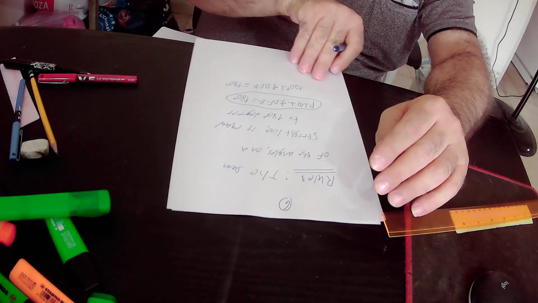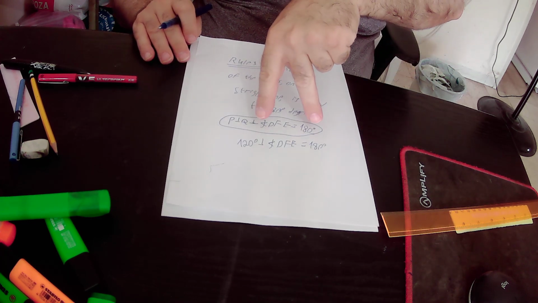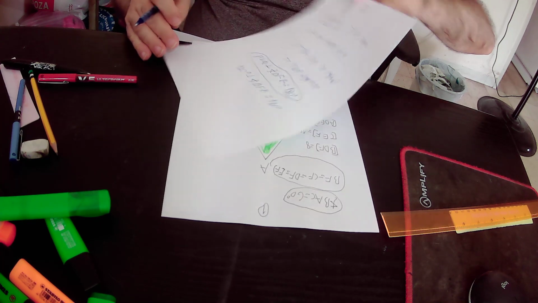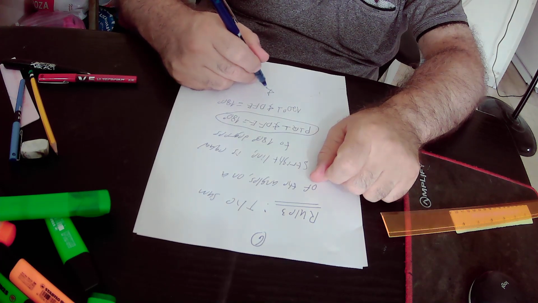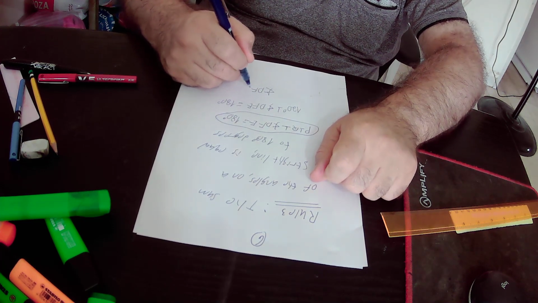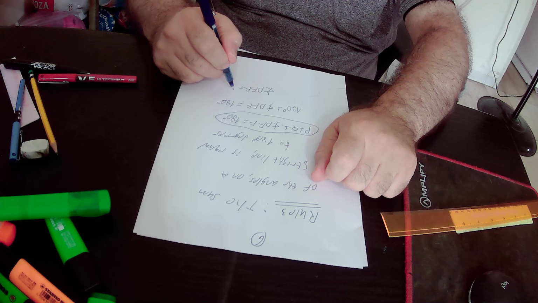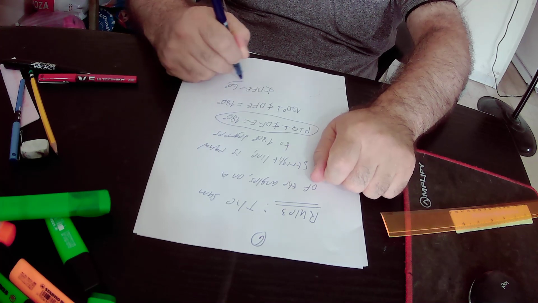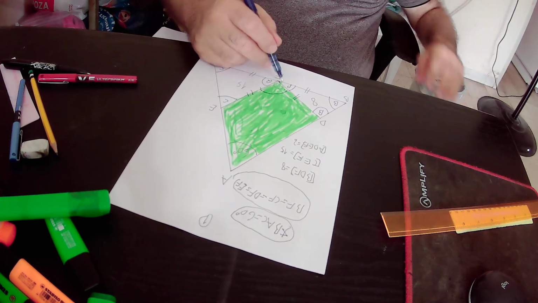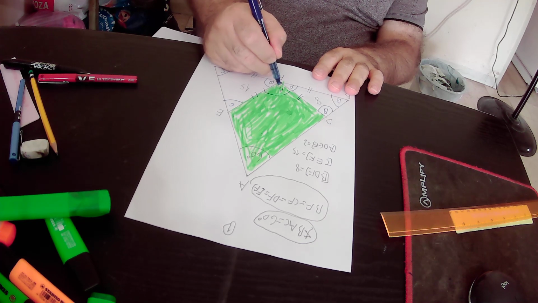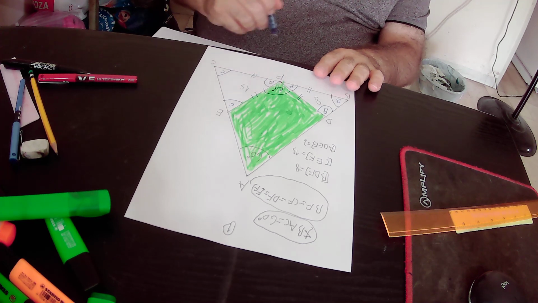So here we will subtract 120 degrees from this equality, and we will get that angle DFE equals 180 degrees minus 120 degrees, which is 60 degrees. So we found out that the size of this angle is 60 degrees. The size of angle DFE is 60 degrees.